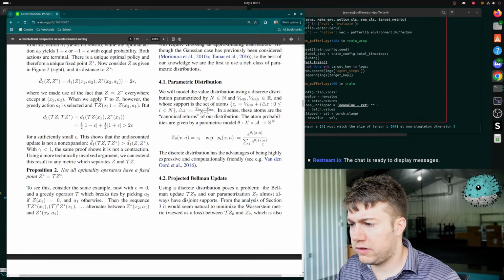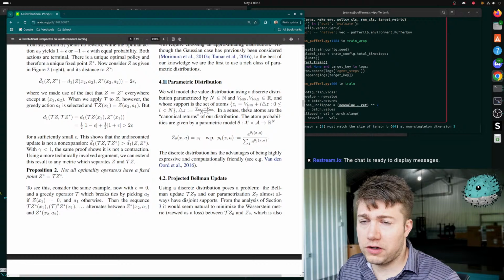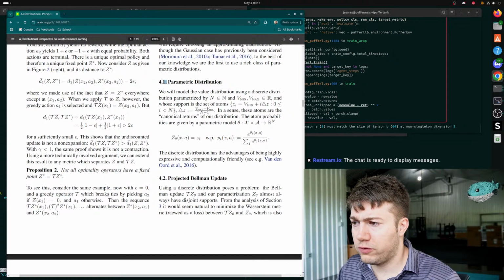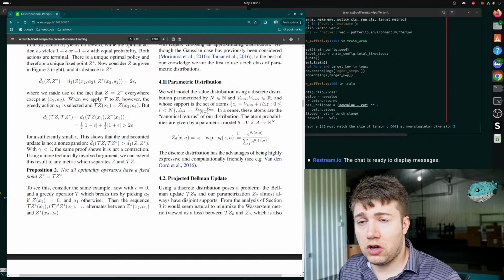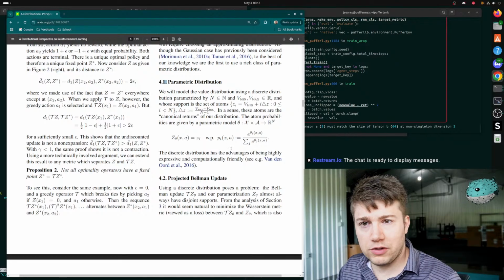So this is a very simple distribution. They're just saying that you pick a minimum and a maximum value. You bucket your value function into n intervals uniformly over that. And then you take softmax over the outputs of each value head in order to get the probability of being in each bucket.